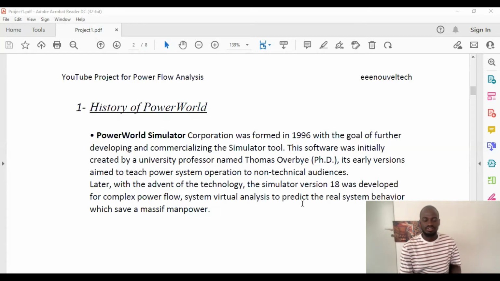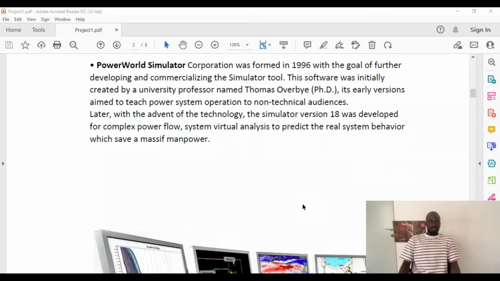But with the advance of technology, there was some development on it. For example, Simulator version 18 was developed to solve complex power flow and analysis in order to predict the real behavior of the network system before its implementation on site.